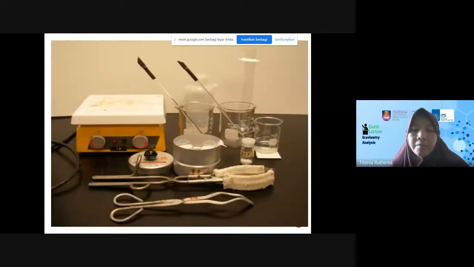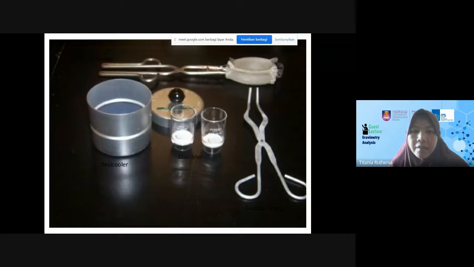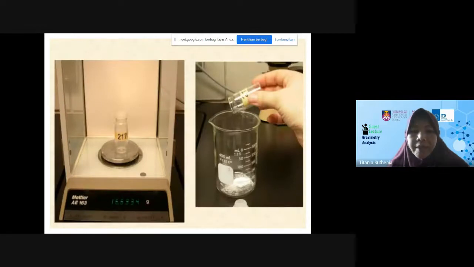So this is a magnetic stirrer heater and many glassware, and this one is a desiccator. This is a crucible, a glass crucible. You can also use a ceramic crucible. And this is when we prepare the solution. We weigh the sample first. We have to give it a name here so that it will not be confused with other samples. Give a number or any label so that we understand which one is which.